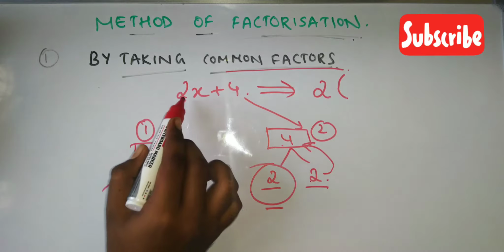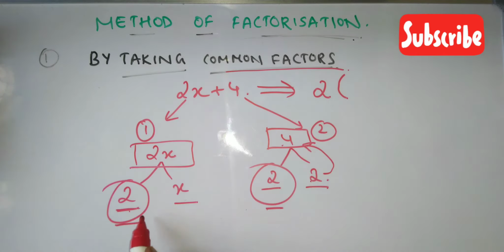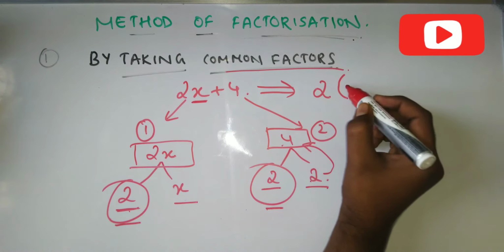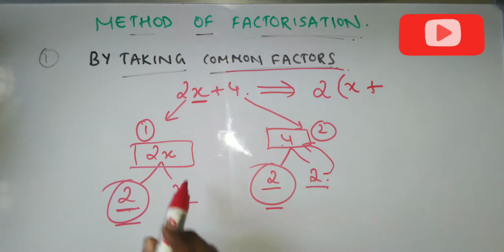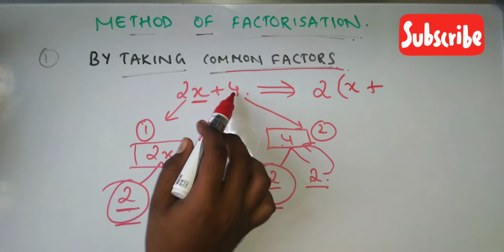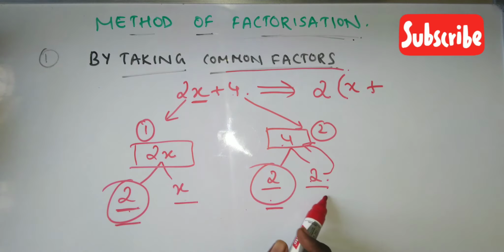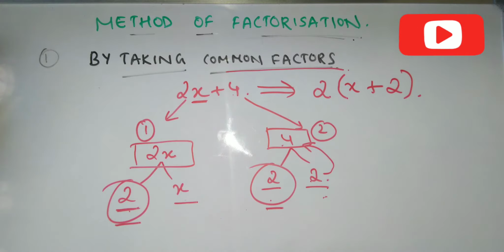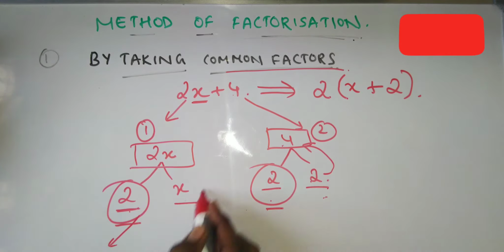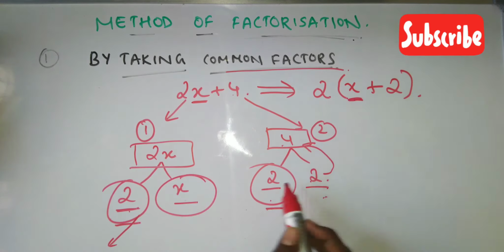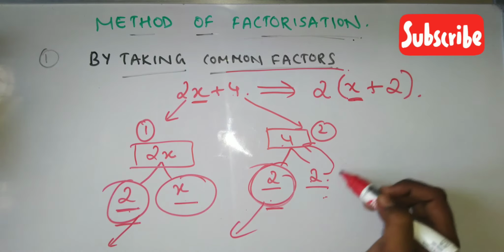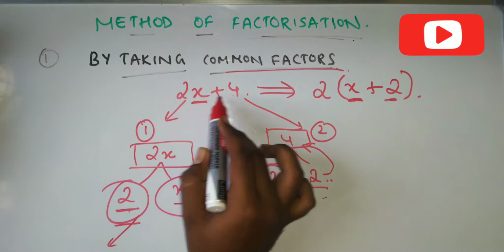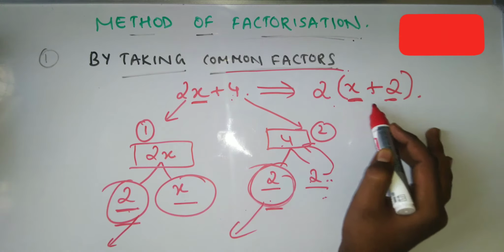When I have taken this 2 out, what is the remaining thing? x plus, and if I take 2 from here, what is the remaining? 1 into 2. If I take this 2 out, the remaining is x. If I take this 2 out, this 2 will be remaining. So I can write 2x plus 4 as 2 bracket x plus 2.